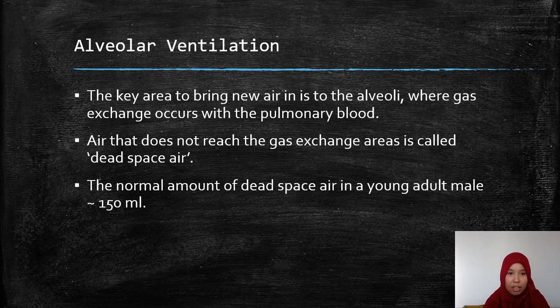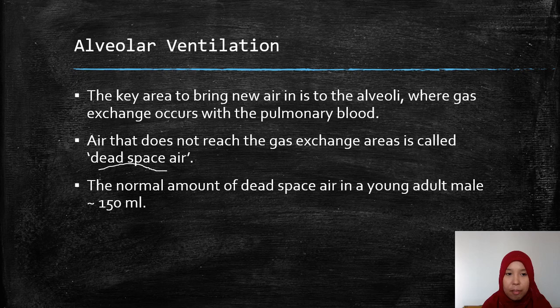Definitely there will be air where there is no gas exchange. For example, in the nose, or in the pharynx, or in the trachea, or in the bronchioles, right? There is no gas exchange occurring there. Therefore, this is all the air that we call dead space air.